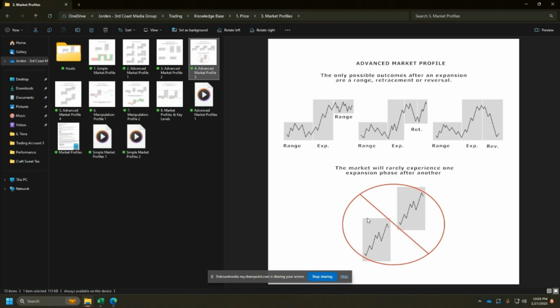The market will rarely experience one expansion phase after another. As before, I mean, we could have 2 consecutive days of price expanding upward, but most likely that's going to be a part of a weekly expansion upward.